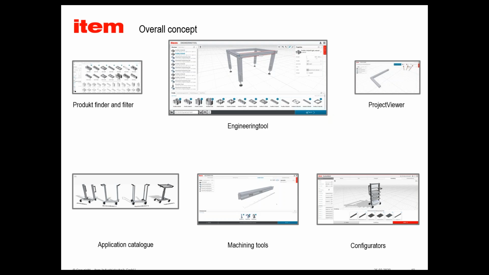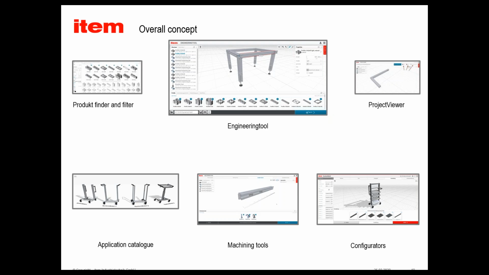The project viewer is your gateway to all of our solutions which we have created with the engineering tool and with our online tools in general. You can use the project viewer as one gateway, and you will find all of the information which we can create out of our online tools. Documentation, bill of material, CAD data, inquiry.